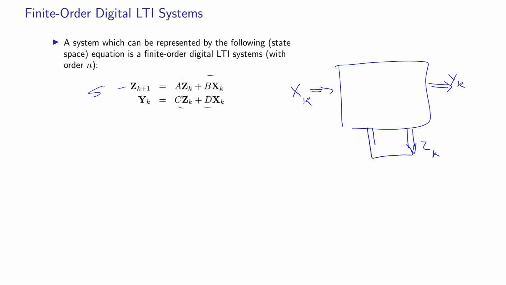So there is one memory unit, and the output of this memory is kept here. So this is Z of K plus 1, and this memory is a delay.